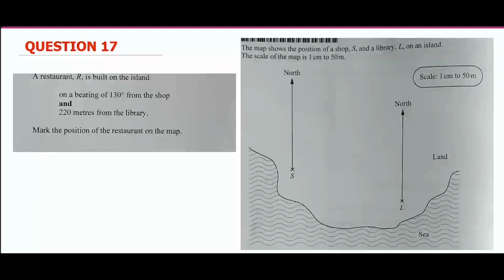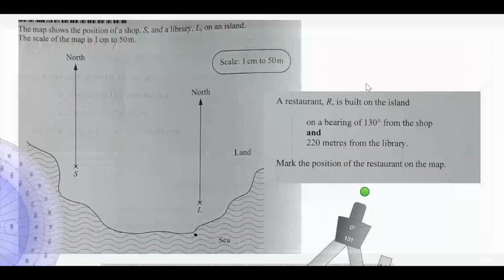So the next one is question 17. This is question 17. The map shows the position of a shop S and a library L on an island. The scale of the map is 1 centimeter to 50 meters as given here.